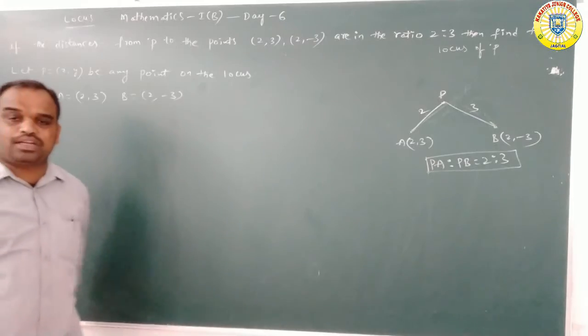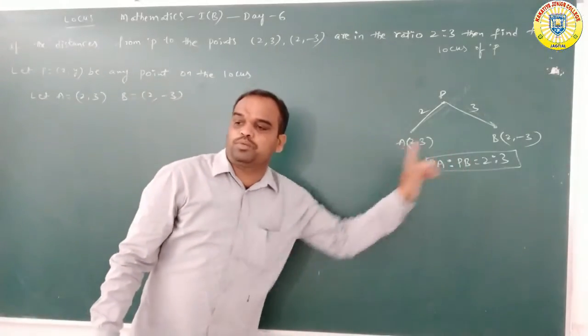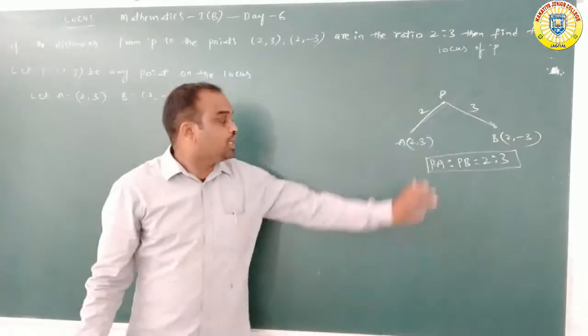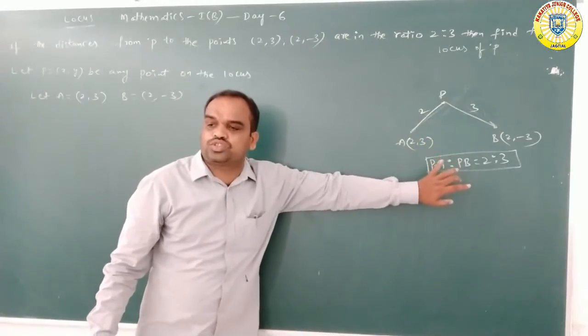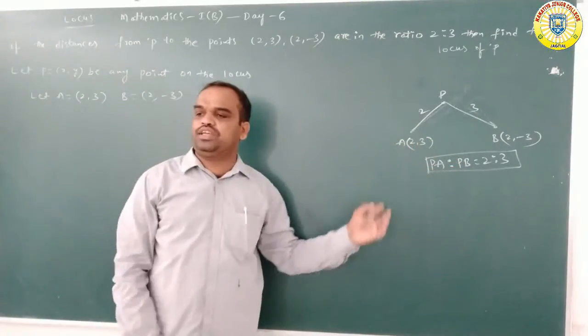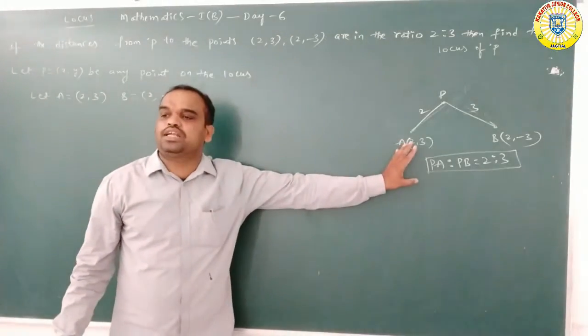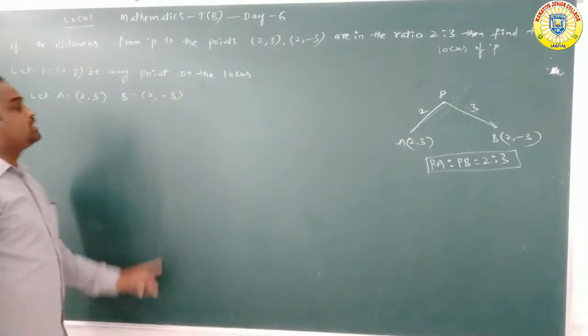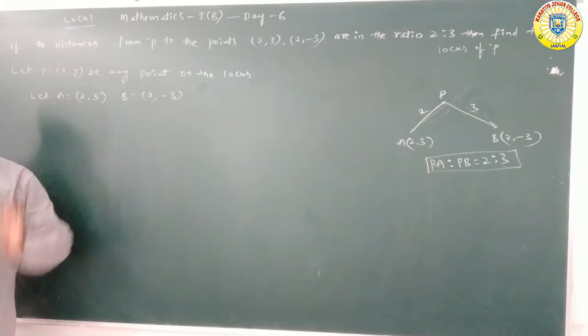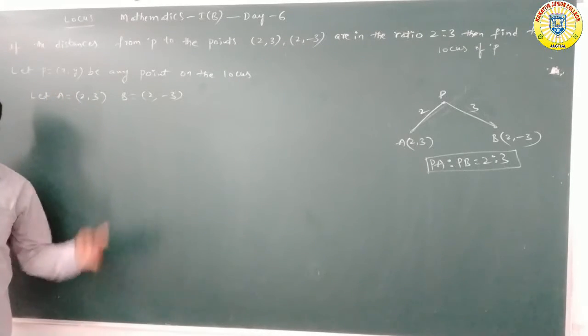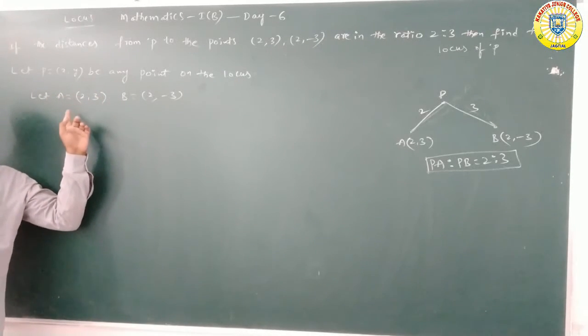What is the given geometrical condition? PA : PB = 2:3. If you identify this condition, you will do this problem very easily. In each and every problem, let P = (x, y) be any point on the locus. This is the common step for every problem.